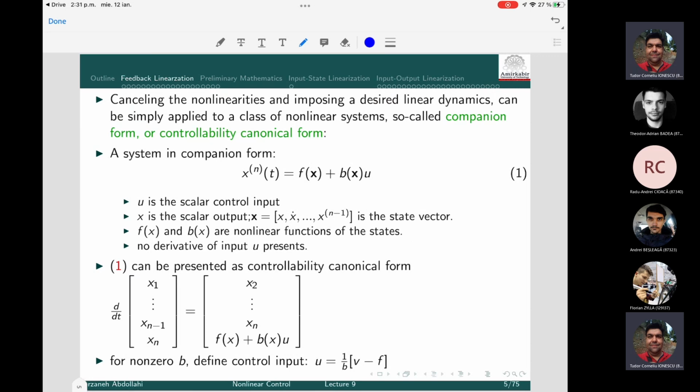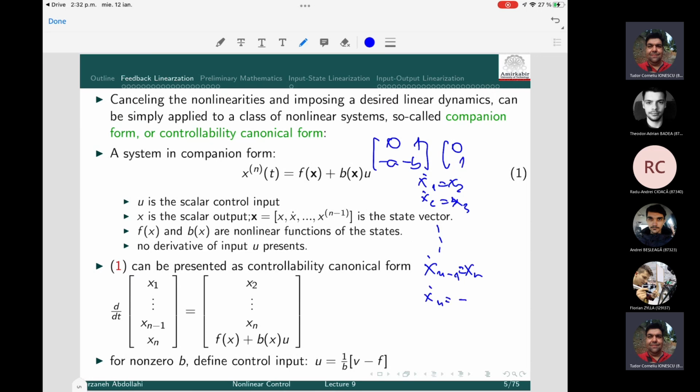What I'm trying to say is controller canonical form. This is a controller canonical form. For instance, for a linear system, this means that all the equations are x1 dot is x2, x2 dot is x3, and so on. And finally, xn minus 1 dot is xn, and xn dot is a bunch of equations.